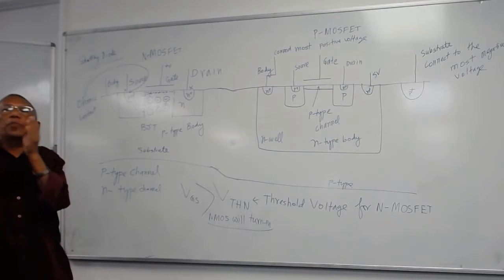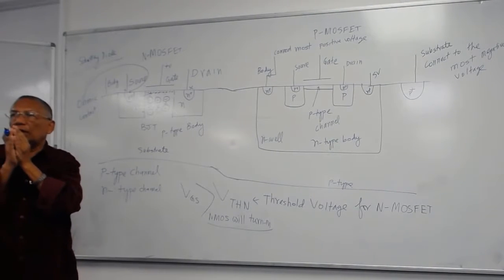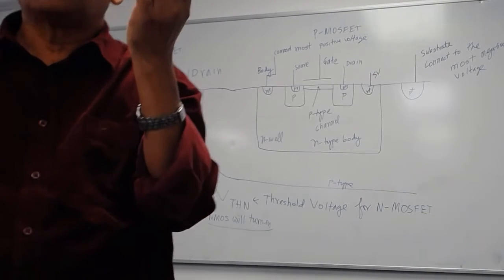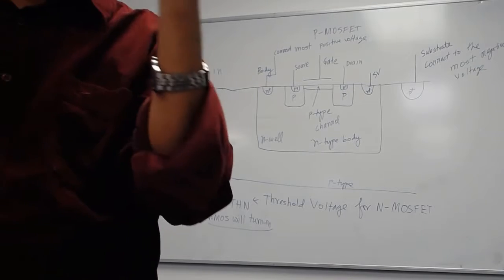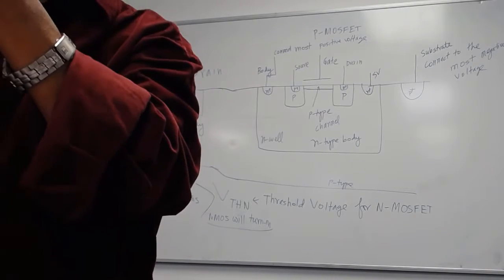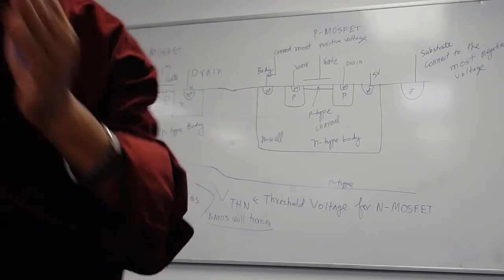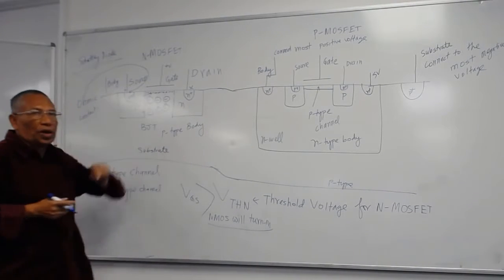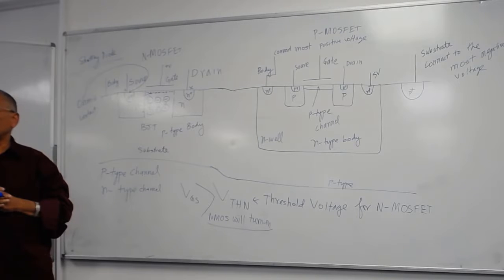What is there between the two plates of a capacitor? Electric field is there if you apply voltage, but I'm talking about the material between the two plates. Dielectric, exactly, dielectric. So, what is the dielectric here, you think?